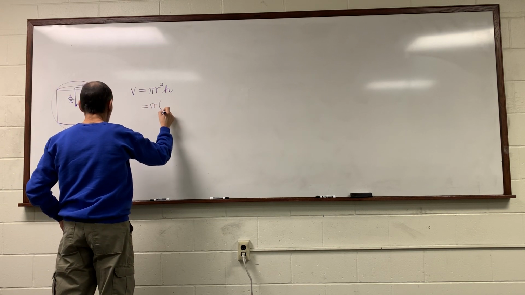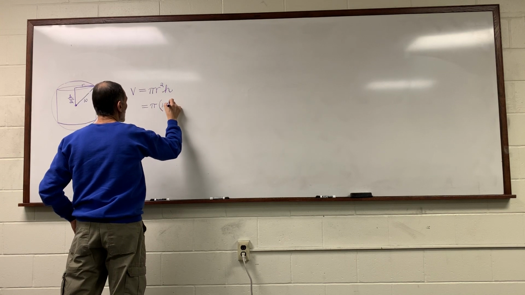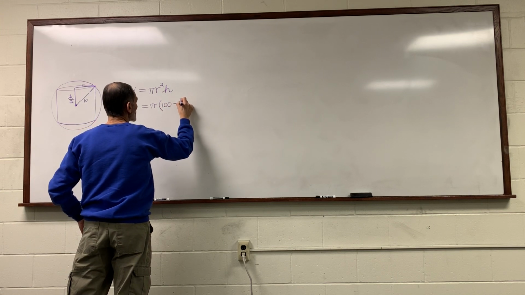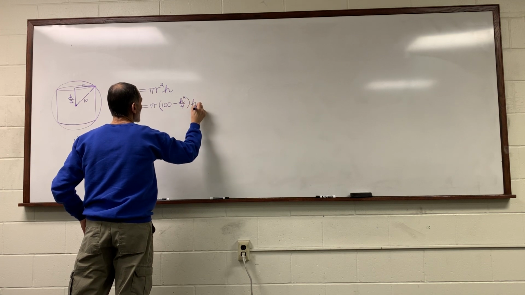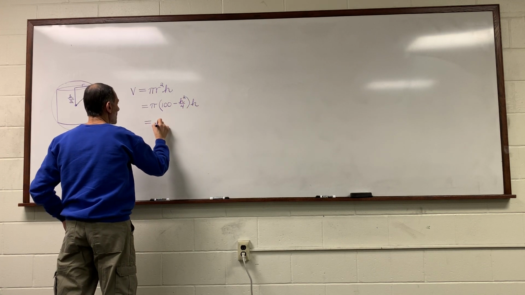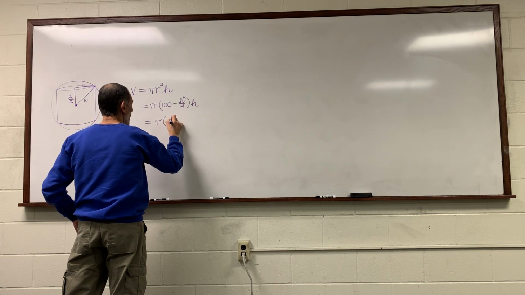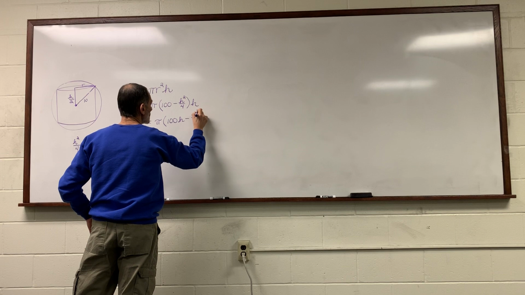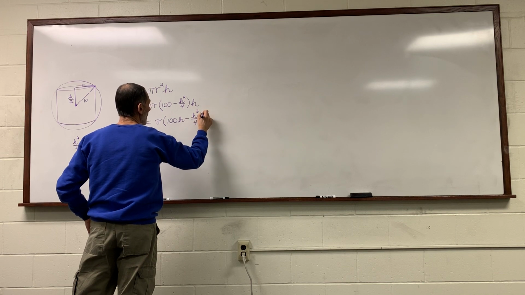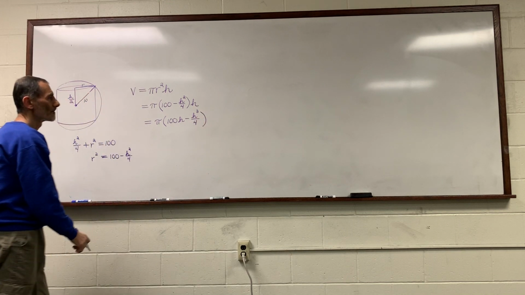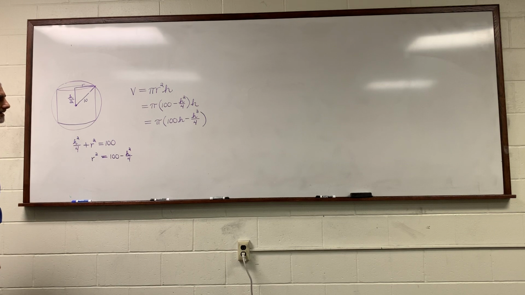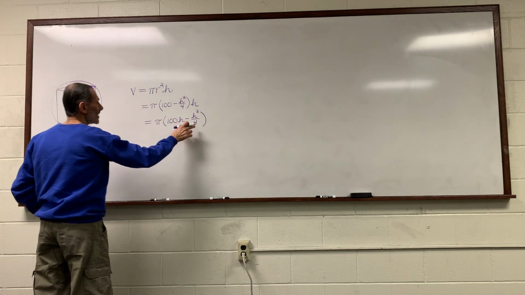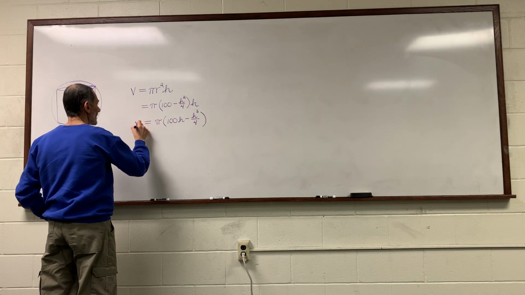Pi times 100 minus h squared over 4 times h. Volume equals pi times 100h minus h cubed over 4. That's my volume in terms of just one independent variable.